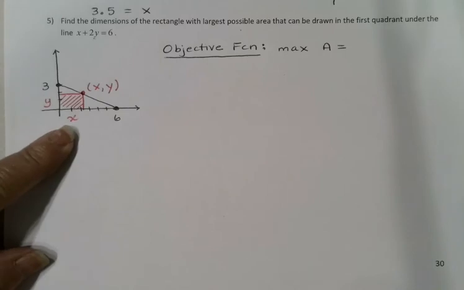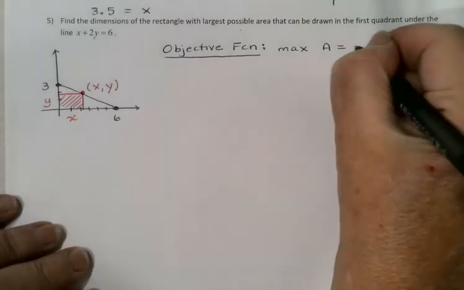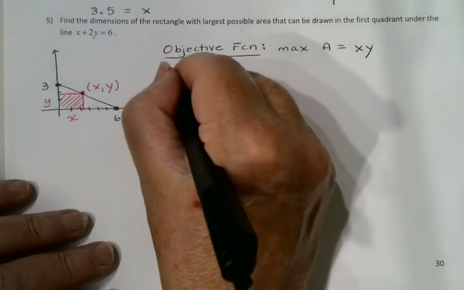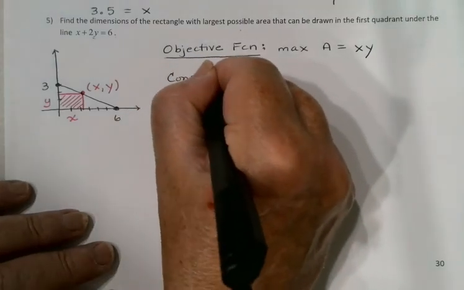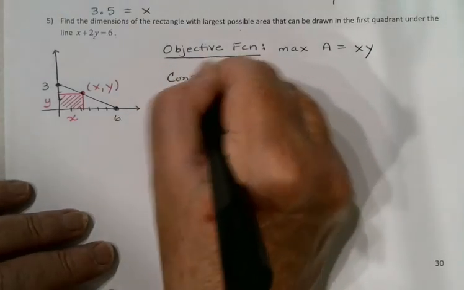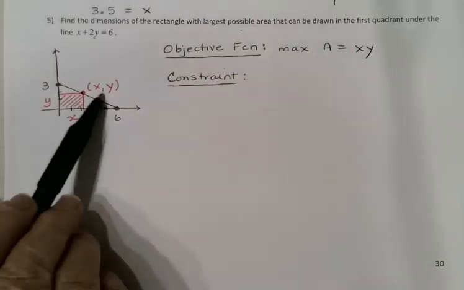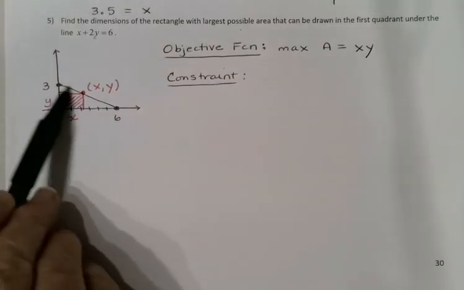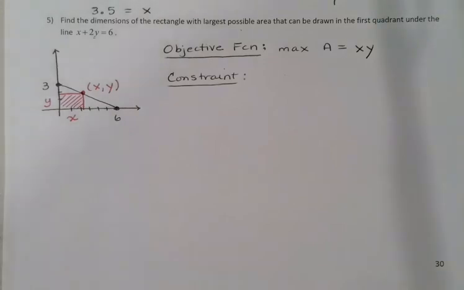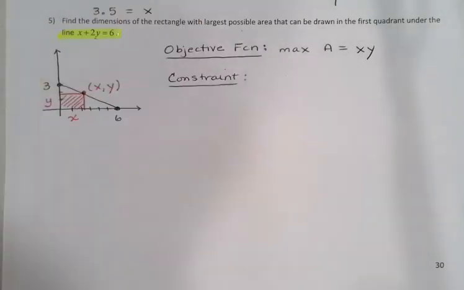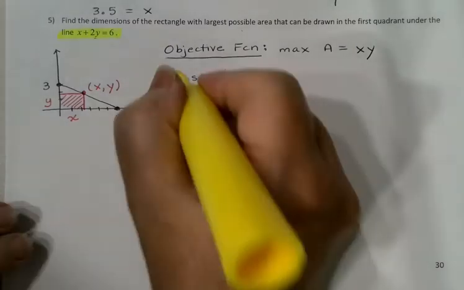So the area of that rectangle would be x times y. All right, what's the constraint? Well, the constraint is that the point (x, y) has to lie on this line, meaning that it has to satisfy x plus 2y equals 6.